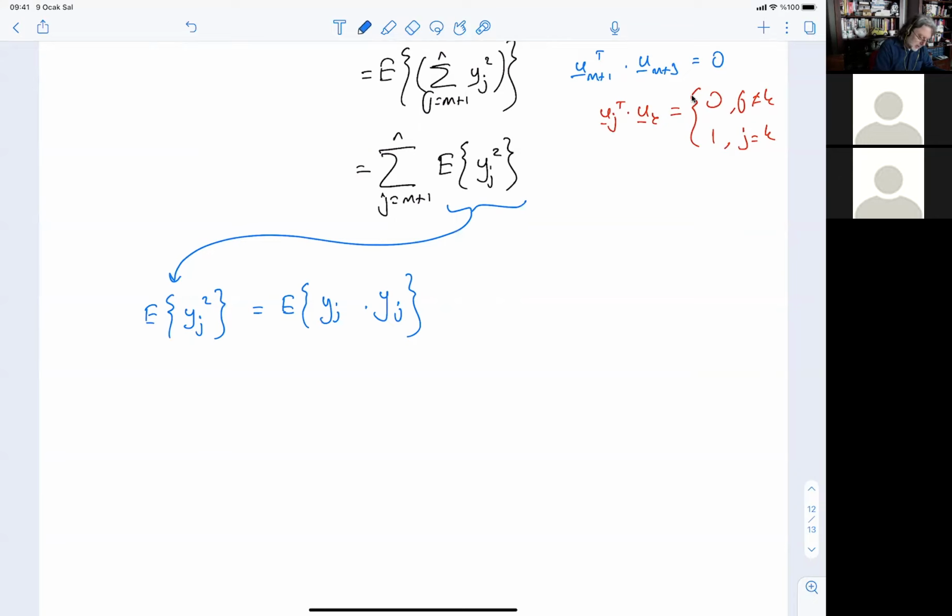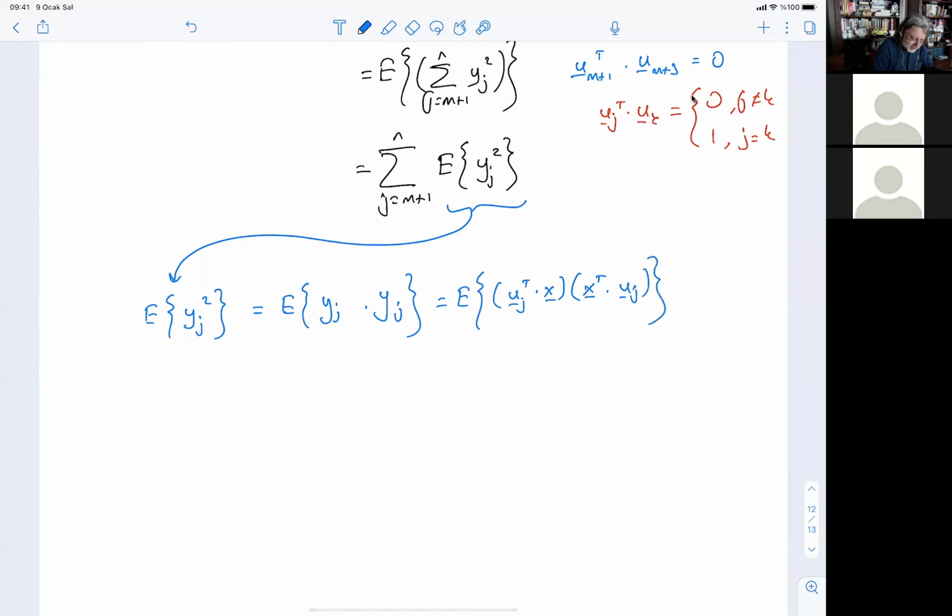Let's think of it like this. And then from here we can continue. First, I will write y_j in one form like this: u_j transpose times x. And then I will write the second y_j like x transpose times u_j.